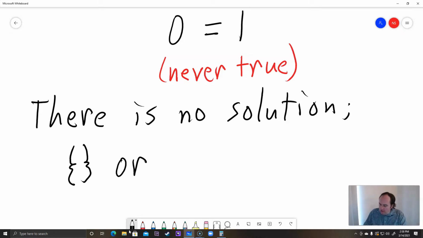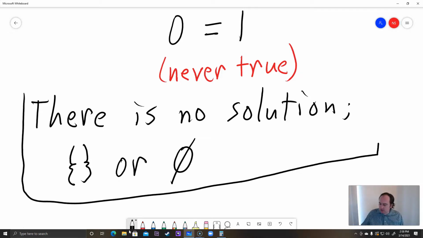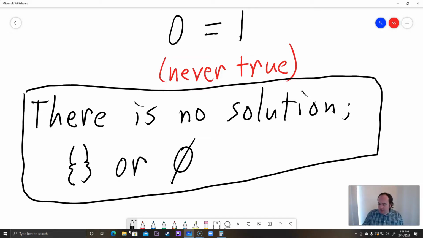Or you can write it as sort of looks like the no smoking symbol without a cigarette in the middle. So it's a circle with a line through it, and that's also the empty set. That just means that it's never true, so there's no solution. So that's how you're going to write your answer on MyMathLab, except it's already written, so it's more of a button that you're going to click when you're doing your homework. Okay? So hopefully that is good.